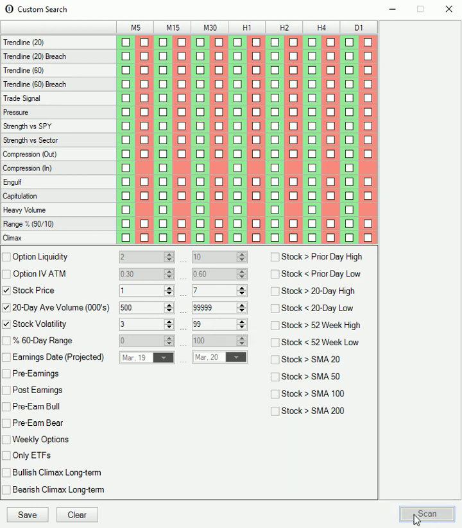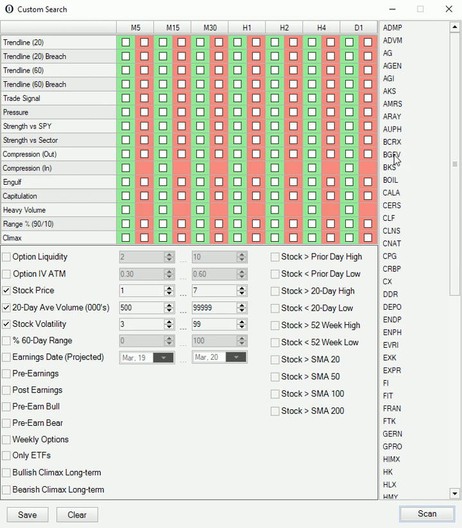And so these are going to be the stocks that you'd be looking at. You can see how many results were returned, and then you can start using some of this other criteria as well. So you can sort by stock price, average daily volume, stock volatility. Those are all very important criteria depending on what you're looking for.